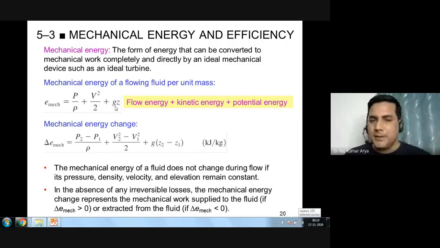This one is in terms of per unit mass, because mass has gone away. If you take out g from here also, it becomes per unit weight. So these are the different nomenclatures to define your energy equations. In case of ideal behavior, this should be valid. In case of non-ideality, you have to put a loss factor here also.